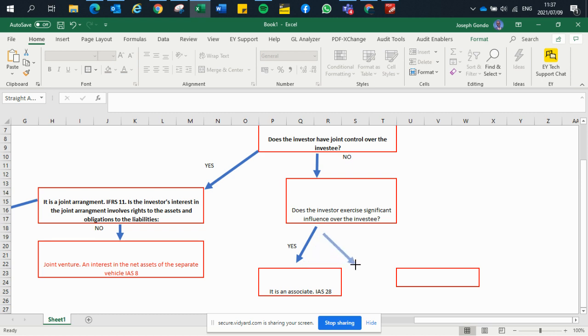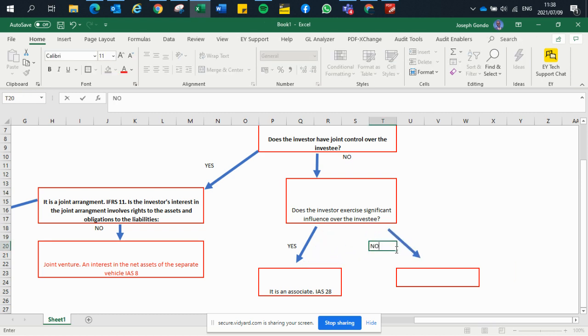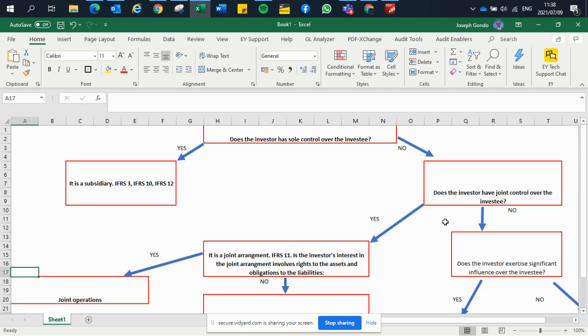If the answer to this question is no, then we have a financial instrument. Now, that is basically the overview of group statements.